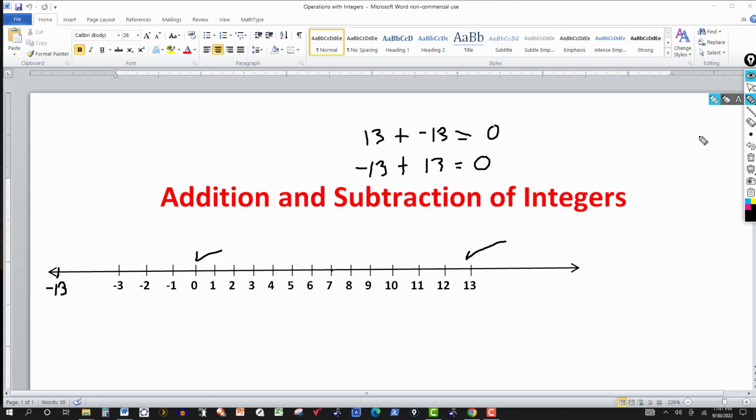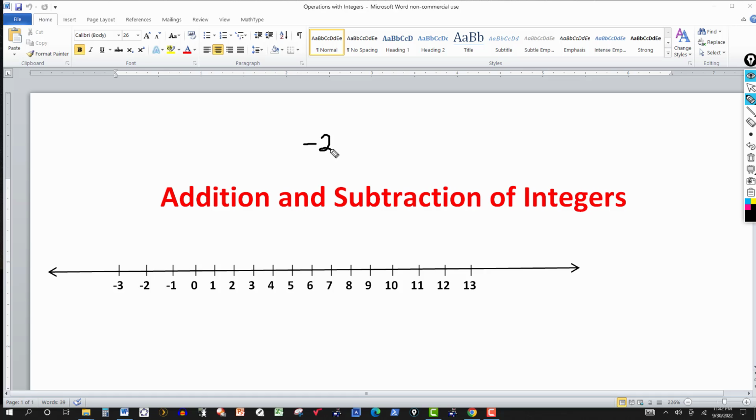So you can see then that if you're adding positive integers, you're moving consistently to the right. The same thing happens if you're adding negatives. So let's suppose we have -2 add -3. So think of it this way.